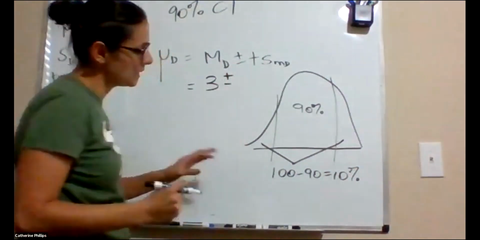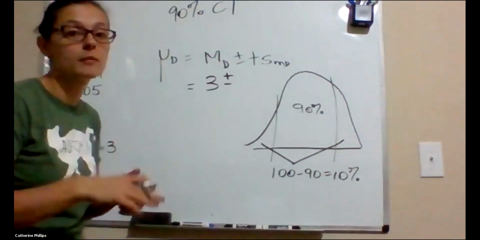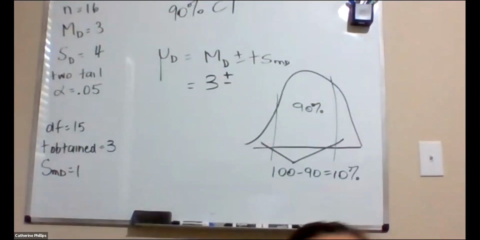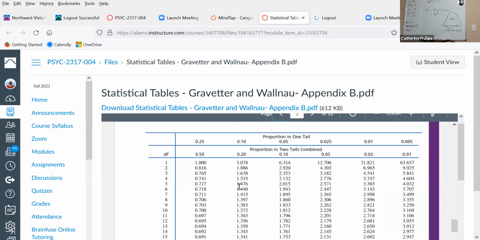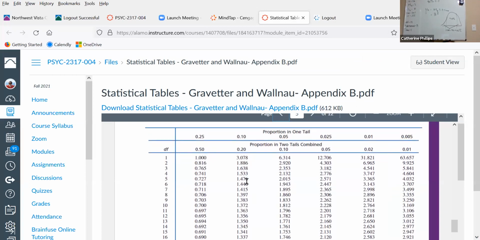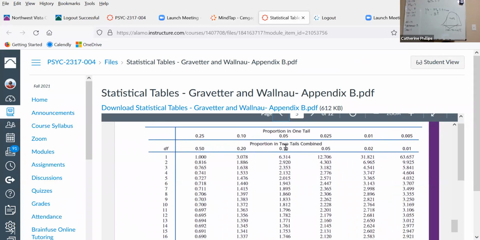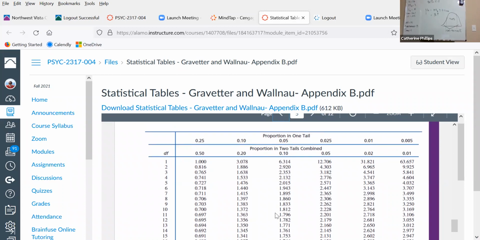So what we need to do is take that plus our degrees of freedom and go to table B2. And I'm going to look in proportion in two tails combined, 0.10, and I'm going to go down until I get to my degrees of freedom.